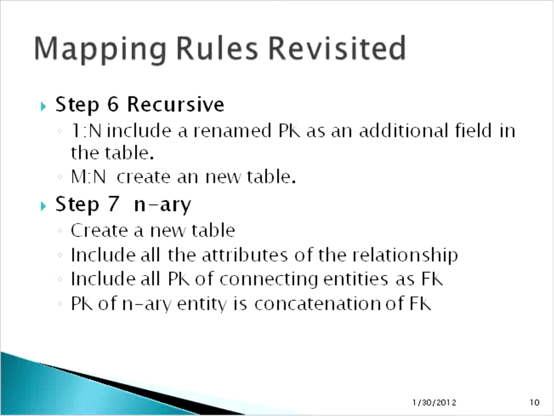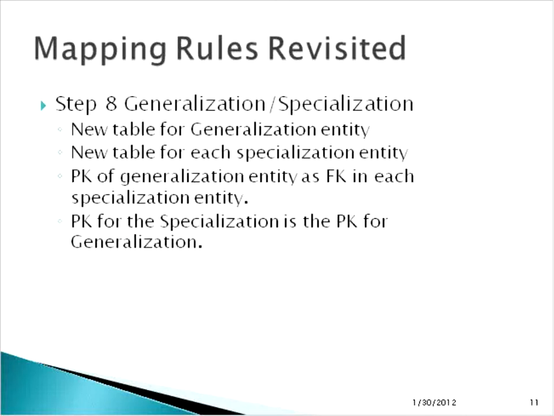If you use your text, your mapping rules are summarized starting at the bottom of page 287 and going all the way up to page 292. So page 287 to page 292, which is really the first few pages of your chapter 11, has all the mapping rules summarized and put together in one place so you can quickly refer to them.